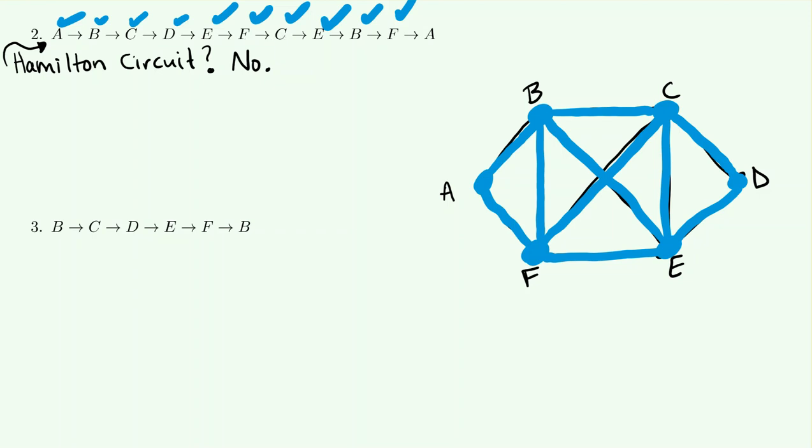So notice C has been repeated, E has been repeated, B has been repeated, F has been repeated. So many of the vertices of the graph have actually been visited twice. A Hamilton circuit is a circuit that visits every vertex of the graph exactly one time. So our reason for why this is not a Hamilton circuit is just that it visits vertex C, E, B, and F more than one time.